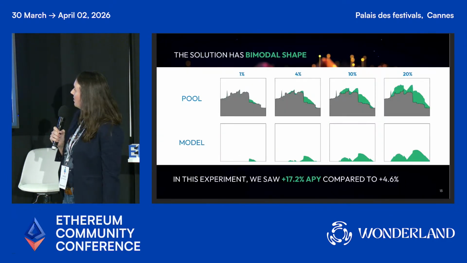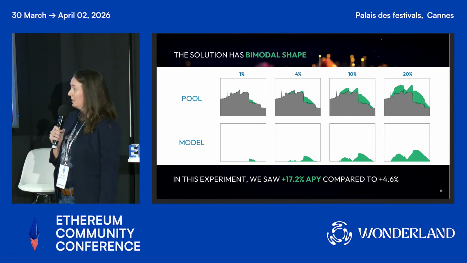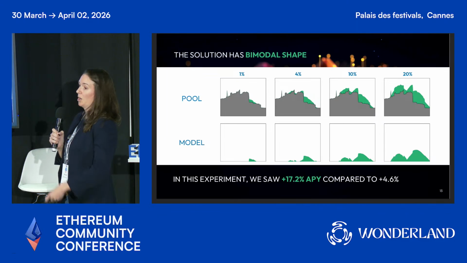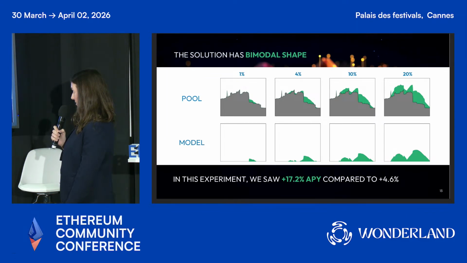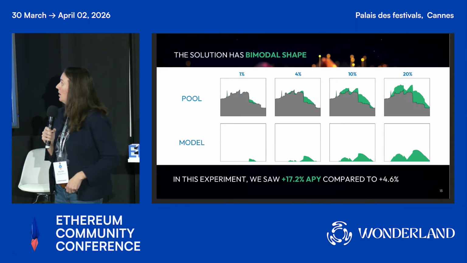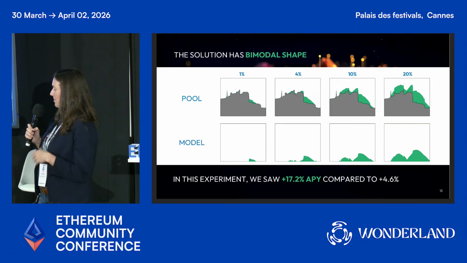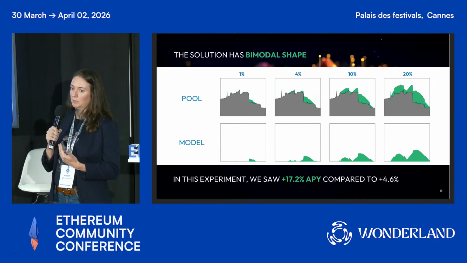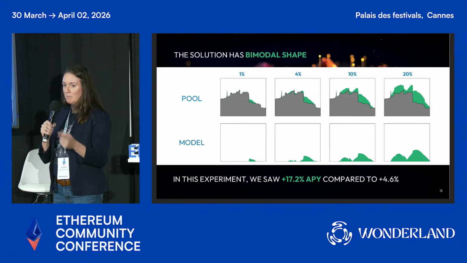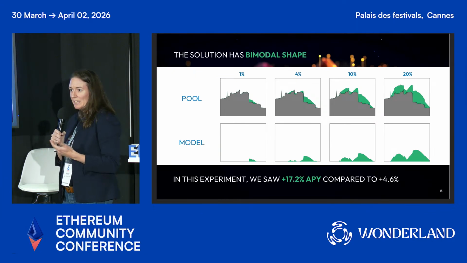And this is an example of the shape of the solution. So in the top row, we have the liquidity that was already in the pool over ticks. The bottom row is the solution to the optimization problem. And what I'm doing here in each column is I'm allowing myself to allocate more and more capital to the pool. And as you can see, there's this neat little bimodal shape. This is actually quite intuitive.